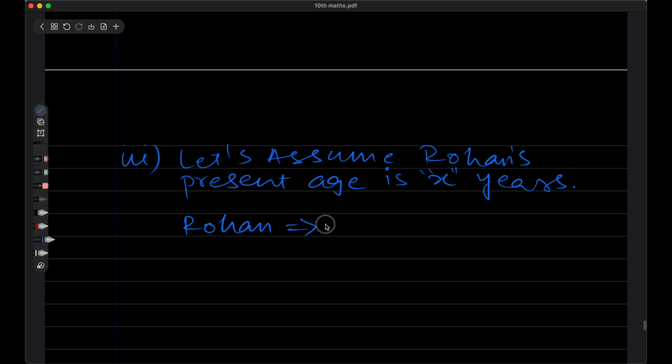If Rohan's age is x years, his mother's age will be x plus 26 because his mother is 26 years older than him. Now the statement: the product of their ages 3 years from now will be 360.